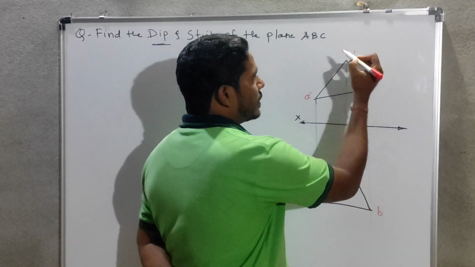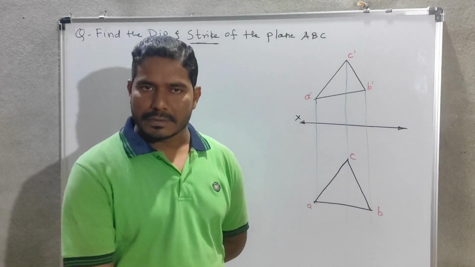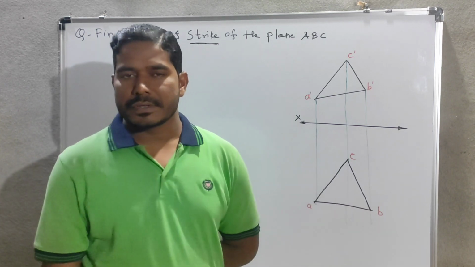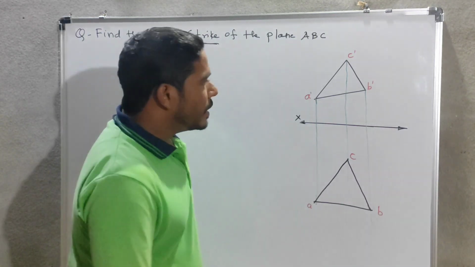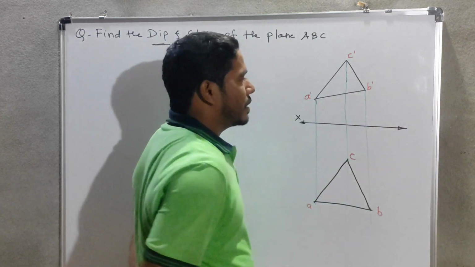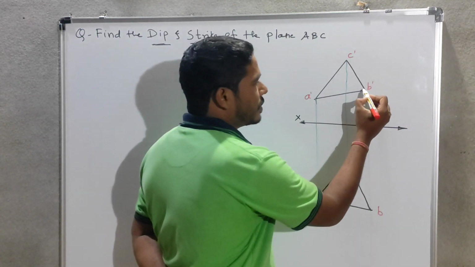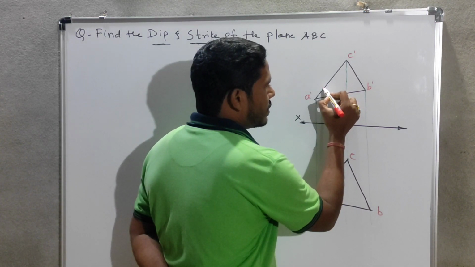Suppose I draw the line through point C, again I will not get the longest horizontal line, as it will not pass through the plane either. But if I draw the line through the point B, then I will get the longest horizontal line in the front view.